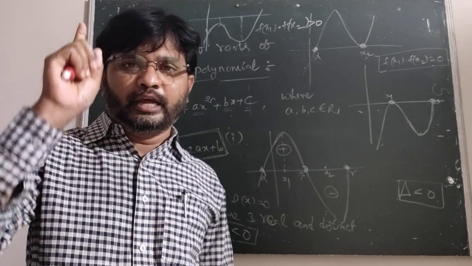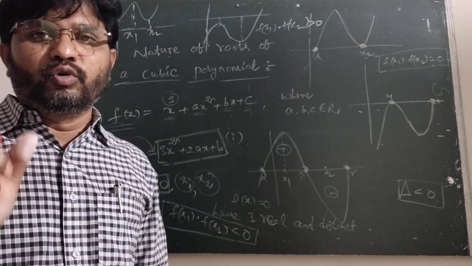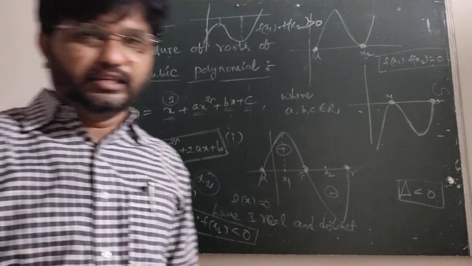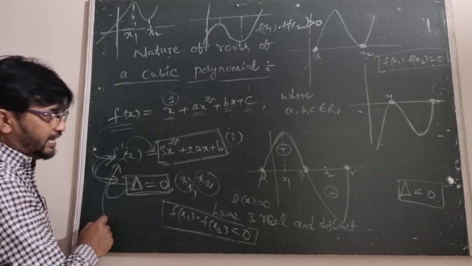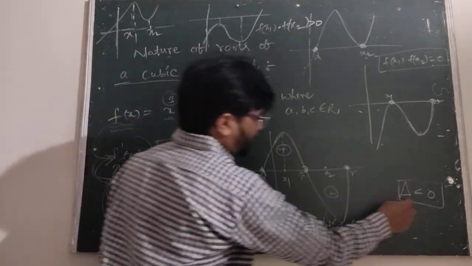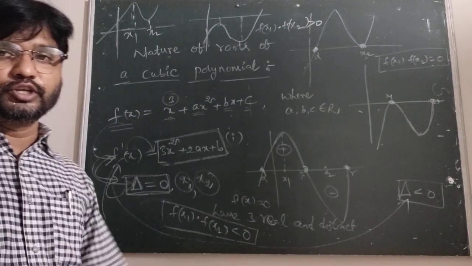It has only one real root. The cubic equation has only one real root. That means the discriminant of f dash of x is less than 0.